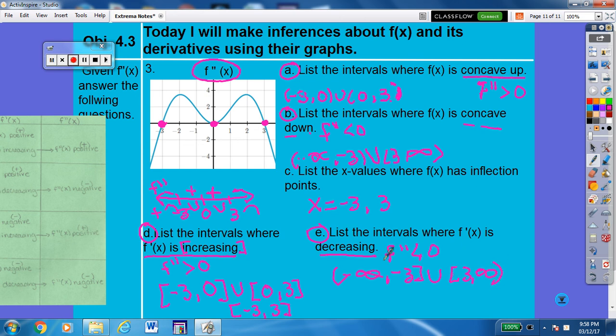Again, we use brackets because although it's the same question as B, B used the word concave, which is on open intervals, so those are parentheses. And this question is using the word decreasing, so you have to use brackets.